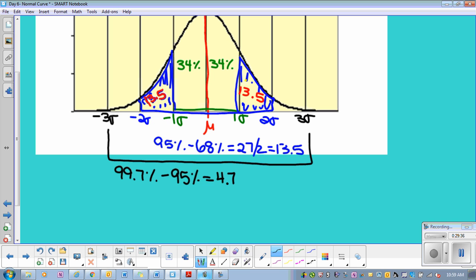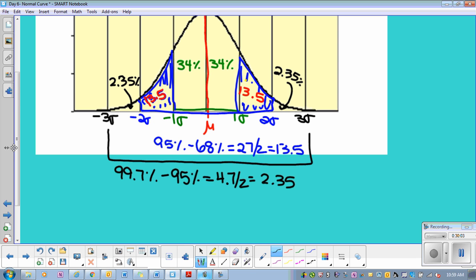Divide by 2. 2.35. So in here it's 2.35%. And in here, 2.35%. Does that make sense? You're basically subtracting out the one right before it and then dividing it in half, right?